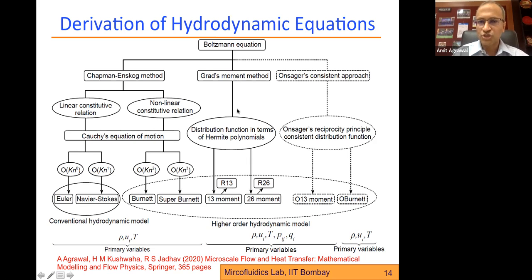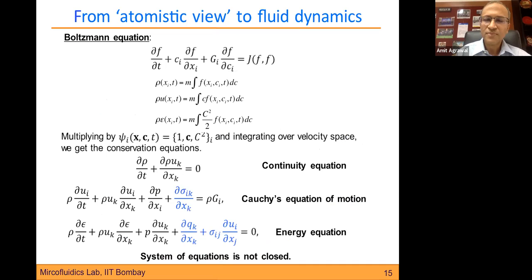And there is another approach. I don't think we will get time, but if you want, we will get into a little bit more detail in the Q&A session. So suffice to say that what we will start looking at is, starting from the Boltzmann equation, the approaches which have been given by Chapman and Enskog or by Grad, and then see how to construct an equation which is a superset of the Navier-Stokes equations.